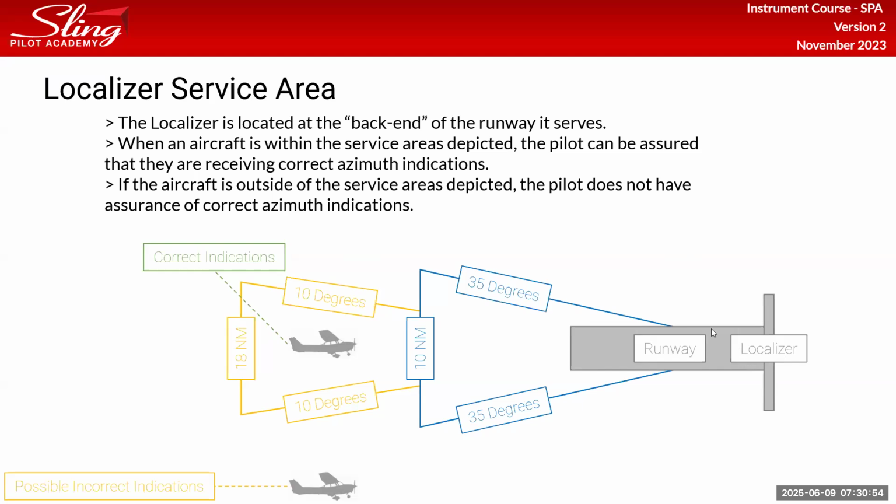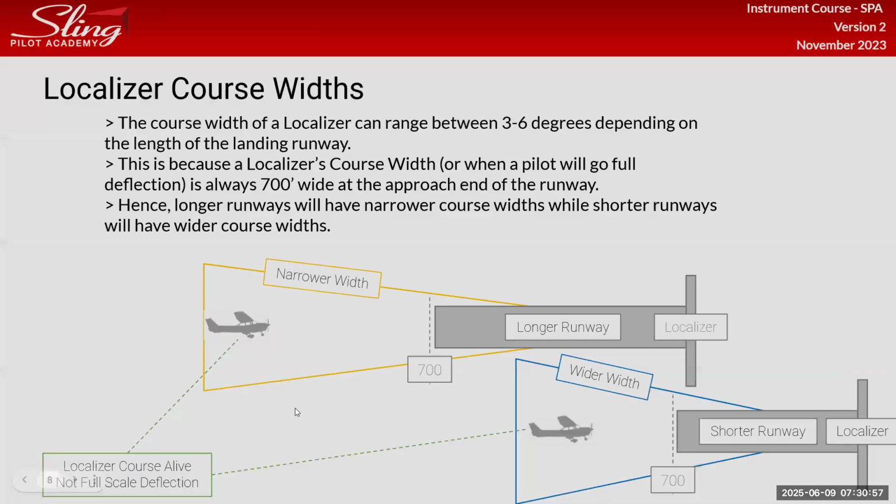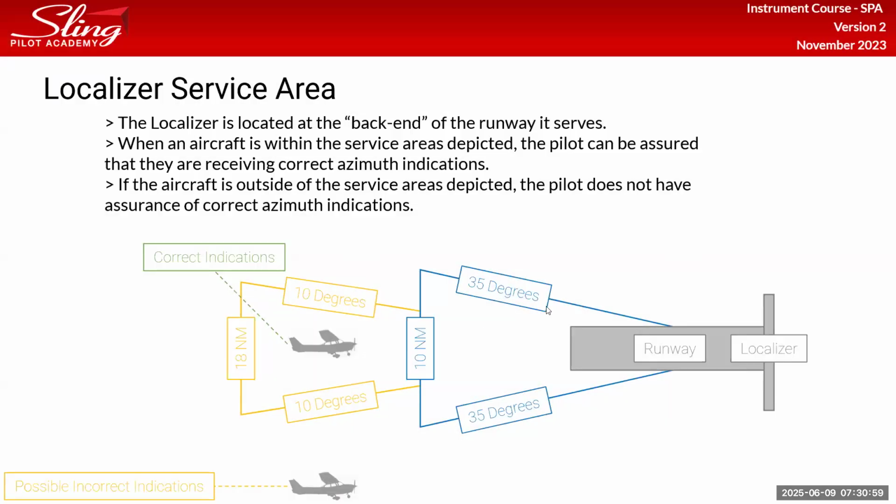The first portion will extend 35 degrees either side, up to 10 nautical miles. And then 10 degrees either side, up to 18 nautical miles. You see this first airplane right here is in that surface area, meaning we're going to receive correct indications. And this airplane down here is outside of that, meaning that we will most likely receive incorrect indications.